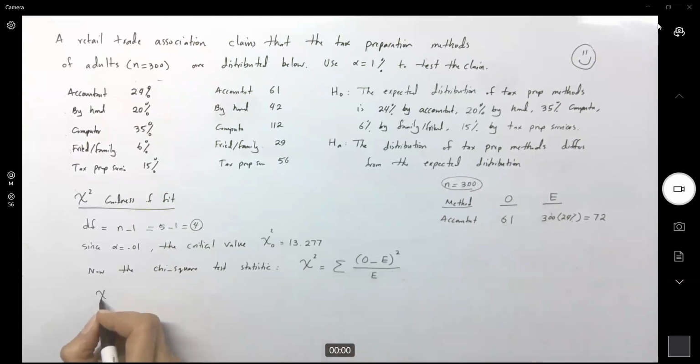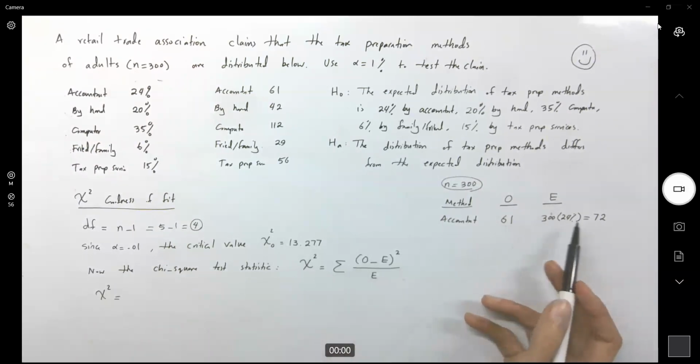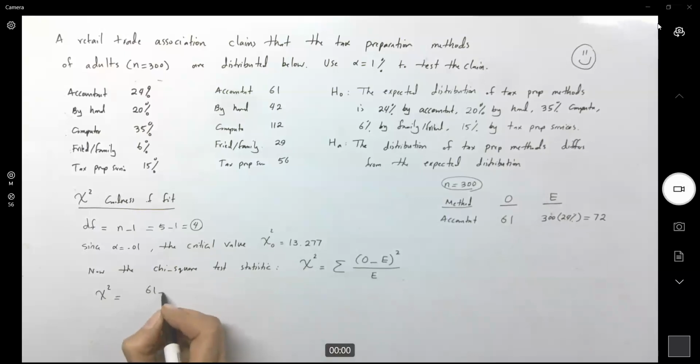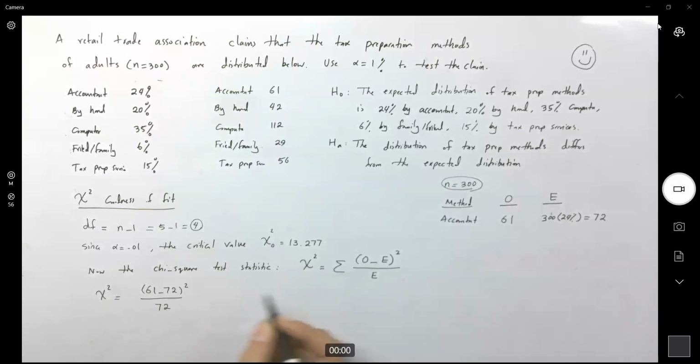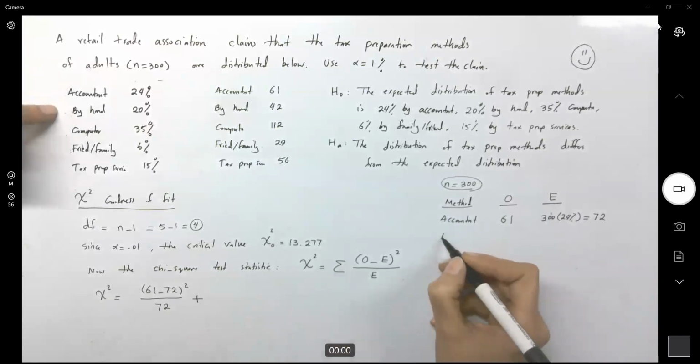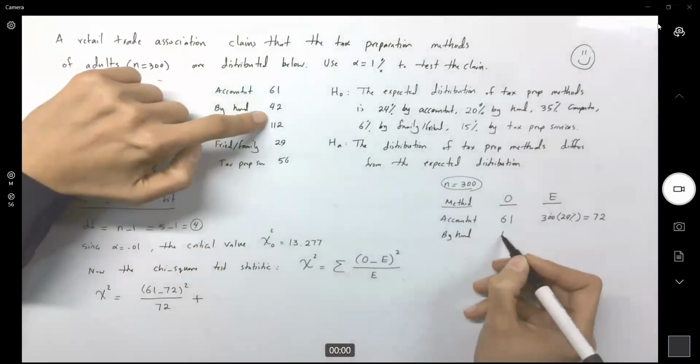So far, we have chi-squared equal to O minus E, 61 minus 72, to the second power divided by the expected value, which is 72. Remember that this symbol, sigma, represents addition, so we're going to add. The next category is by hand. The observed value is 42.